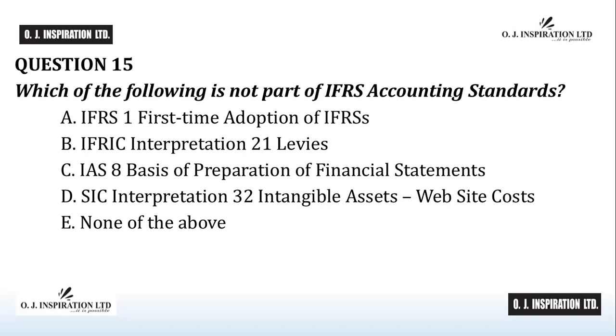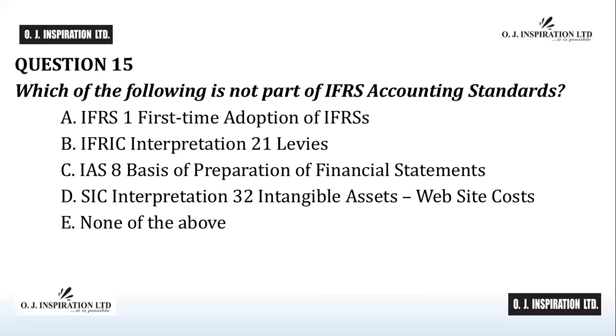Time up. The answer to question number 15 is E, none of the above. IFRS accounting standards are made up of 1. International Financial Reporting Standards, 2. International Accounting Standards, 3. IFRIC, that is IFRS interpretations, and 4.